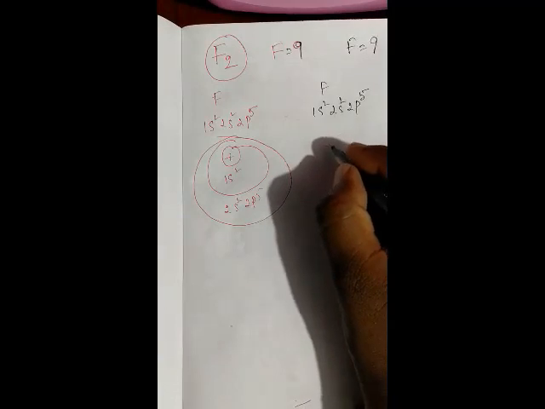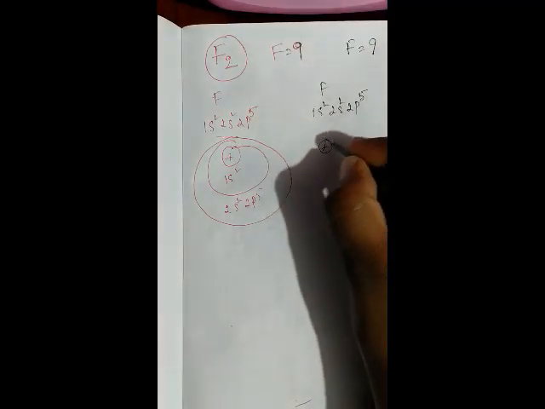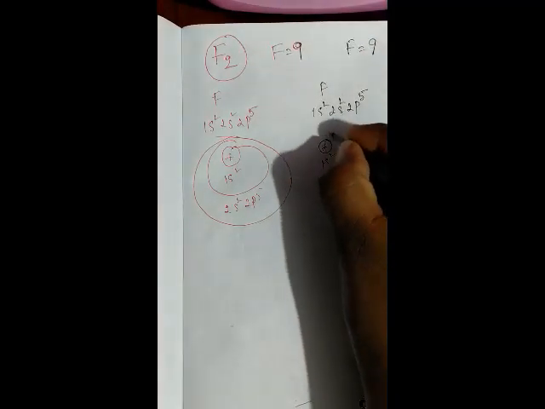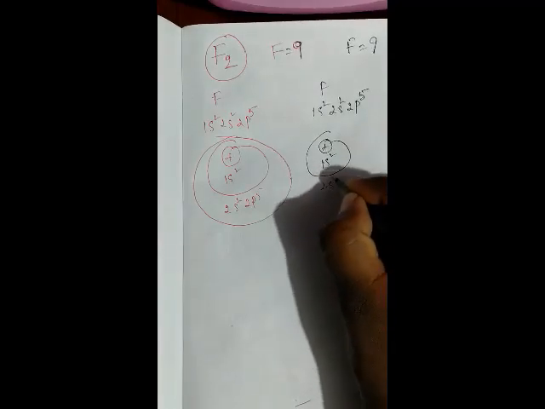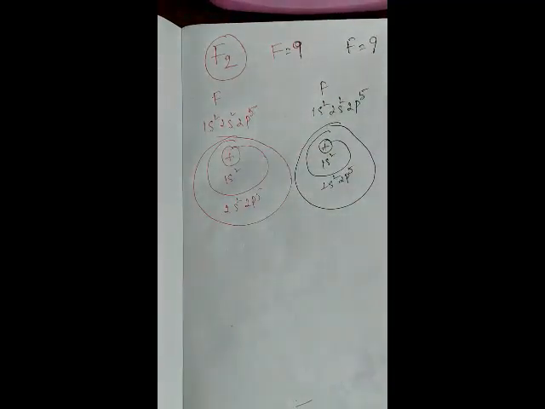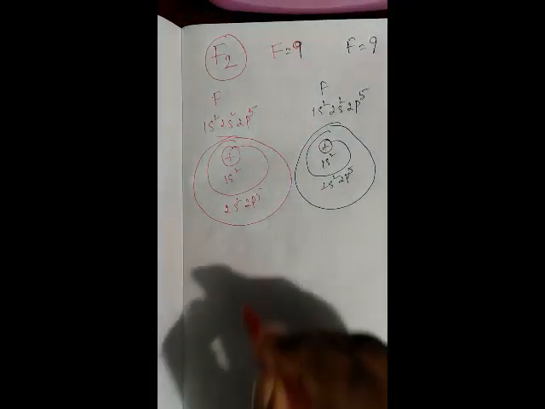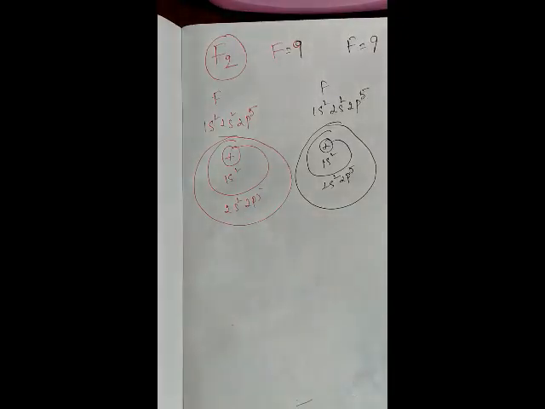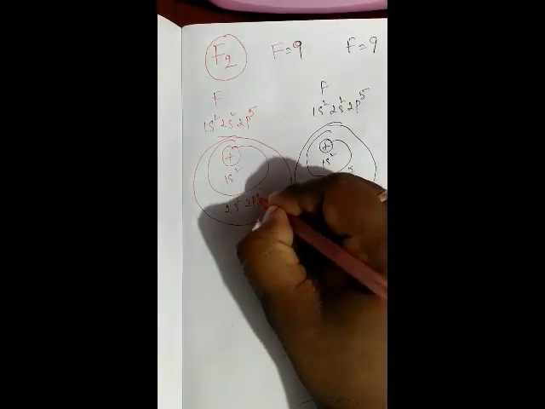The plus indicates the nucleus. Then again 1s2, 2s2, 2p5.